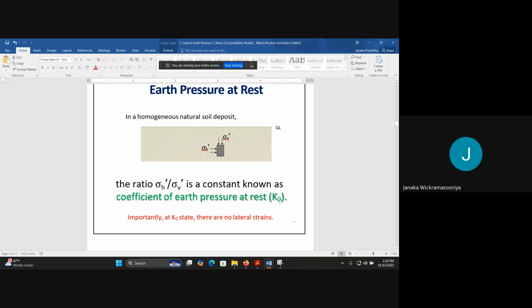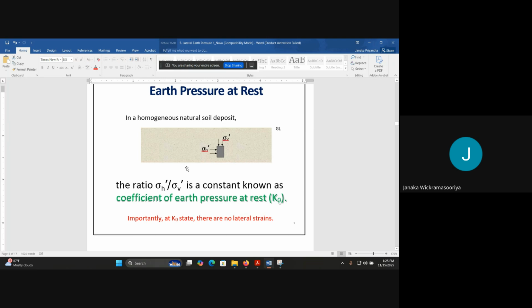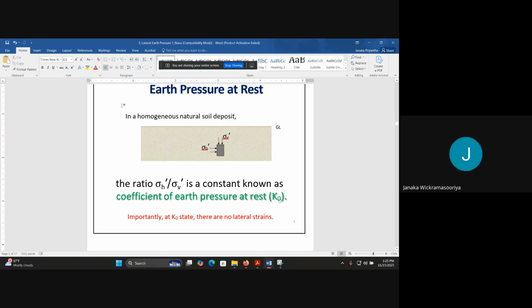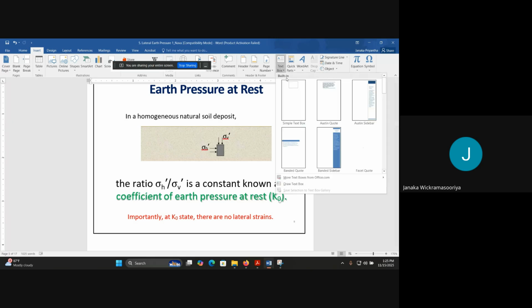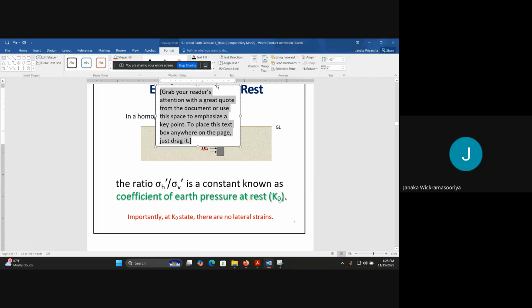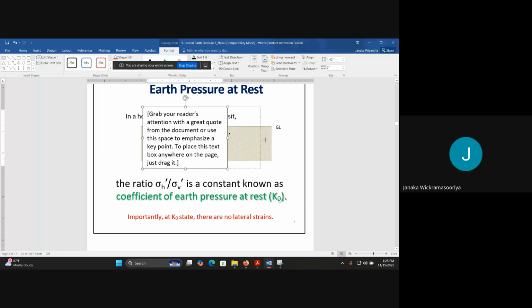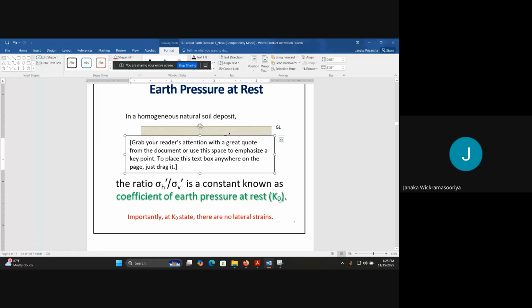Now please keep in mind that there are two stresses, the total stress and the effective stress. How can you find the effective stress? Actually, I explained this in the previous week or so.